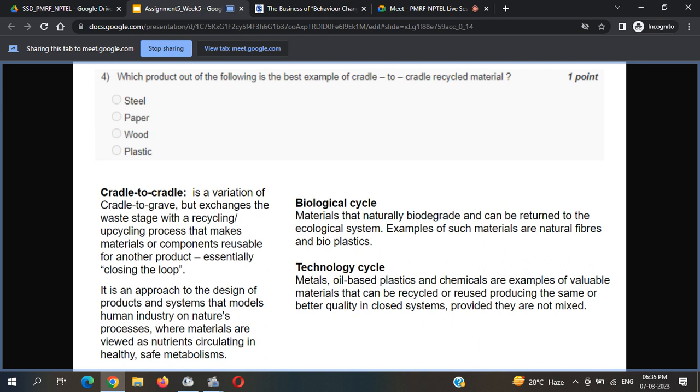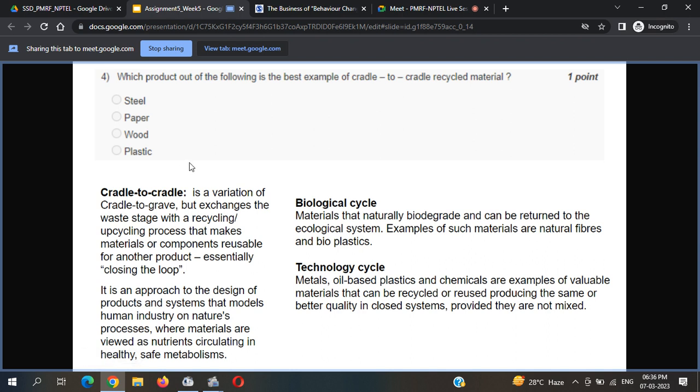The next question asks, which product out of the following is the best example of cradle to cradle recycled material? As we saw earlier, the products which can be recycled after the life cycle or the use of the product has ended for one product type or one user can still be recycled, and can act as raw material for another product, which is the recycling process.